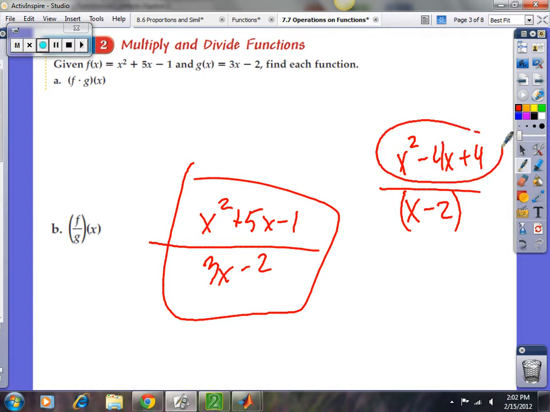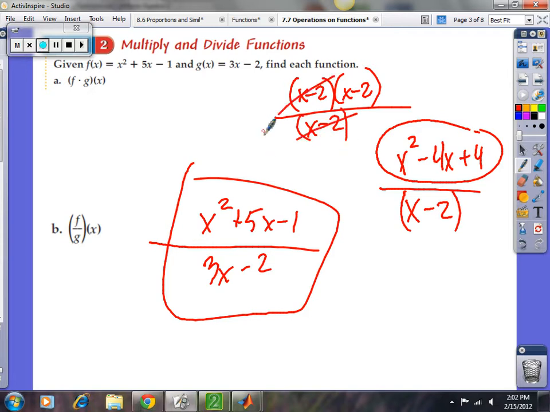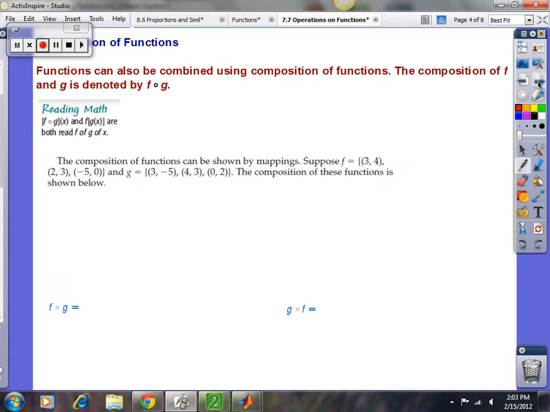What would you factor this to? x minus 2 times x minus 2. And then on the bottom it would be x minus 2. So then you could cancel an x minus 2 on top and bottom. But you can't factor anything out of the other one, so you're done. So dividing: just make a fraction.